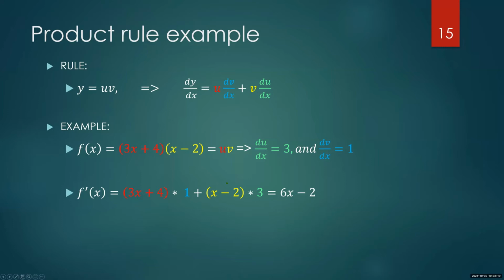And then to that we must add v du dx, and so v is x minus 2, and du dx is equal to 3. So when you multiply those out and add them, you get that f dash of x is equal to 6x minus 2.